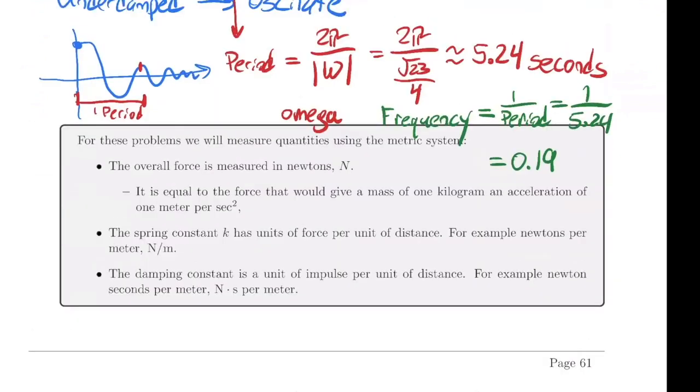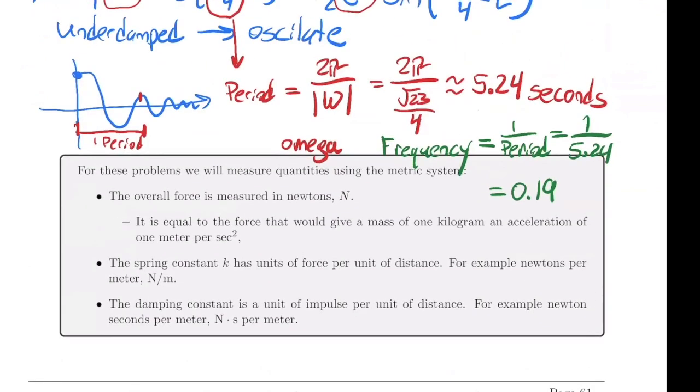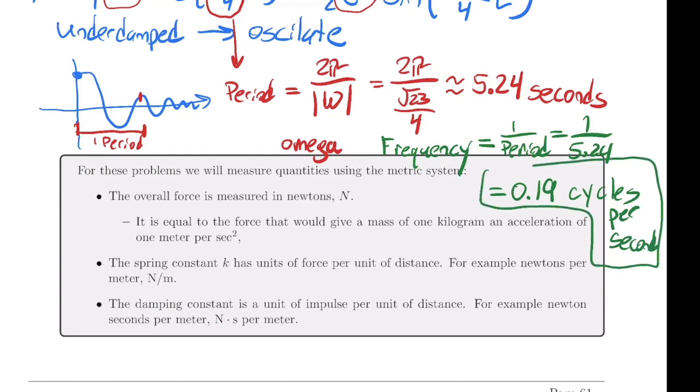The period tells us how many seconds it takes to do one cycle. The frequency tells us kind of the opposite of that. It tells us how many cycles we're going to complete in 1 second. So in this case, our frequency would be 0.19 cycles per second.